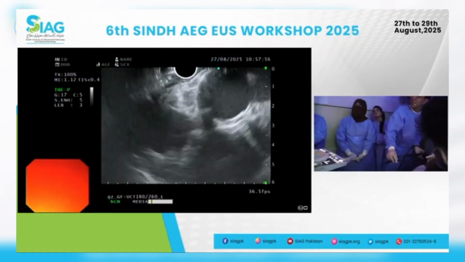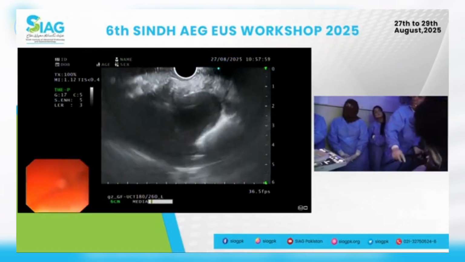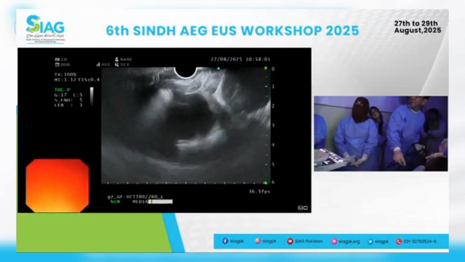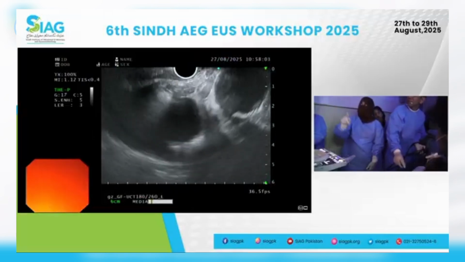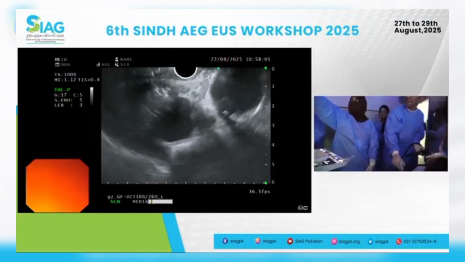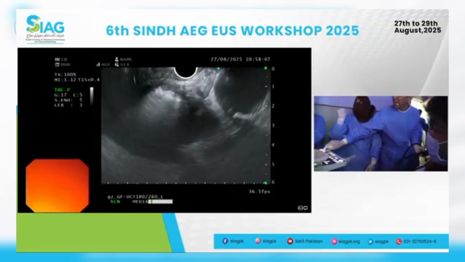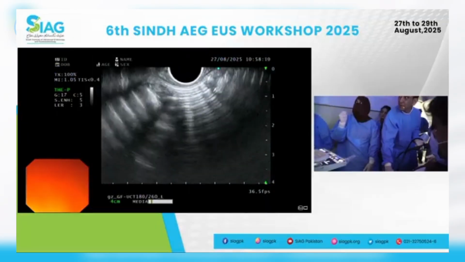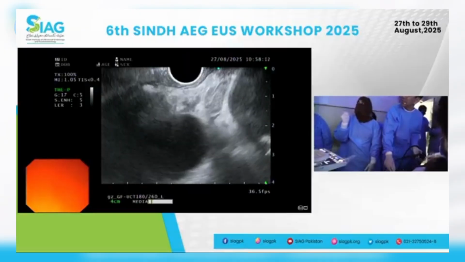There it is. So there's an aortopulmonary window there, and there's a node. It's a quite small node again. Exactly. So again, this node is not.